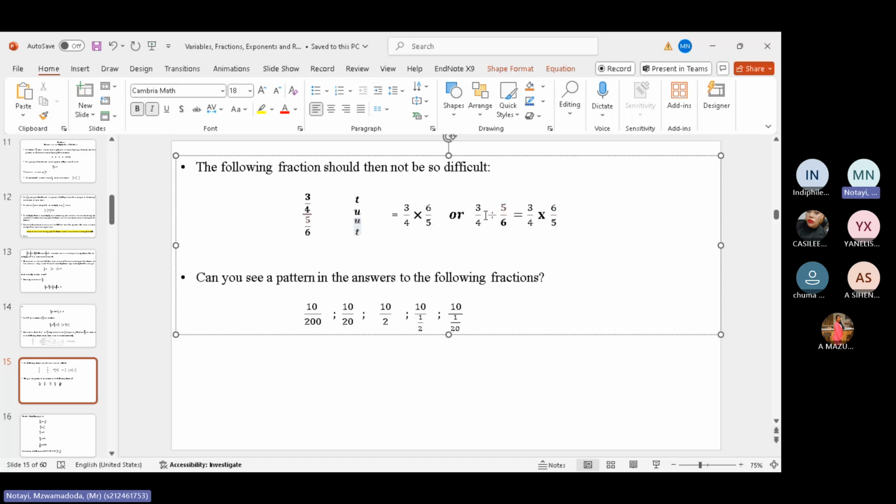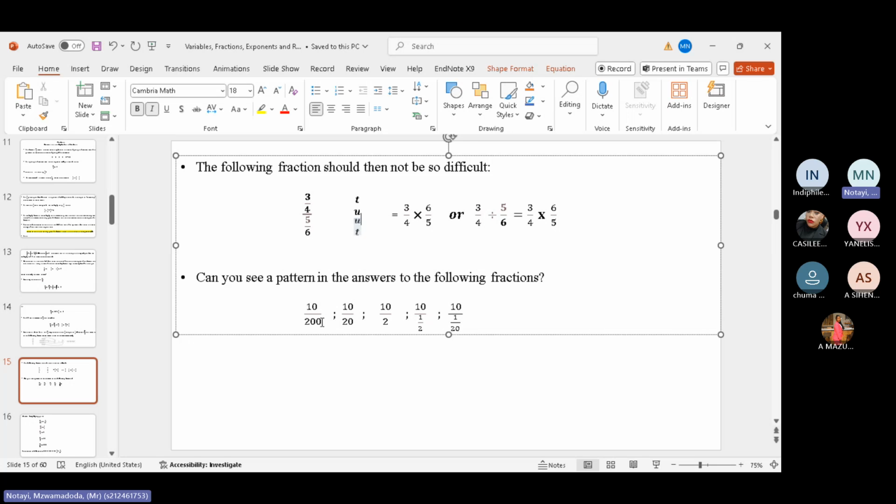Or if we have 3 divided by 4 divided by 5 over 6, we immediately change that to multiplication, and then whatever was on top of the second fraction goes underneath, and whatever was underneath goes on top. So we'll have 3 divided by 4, the first fraction stays as it is, multiplied by 6 divided by 5.